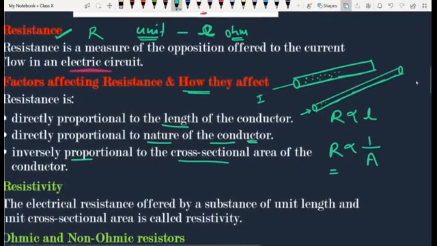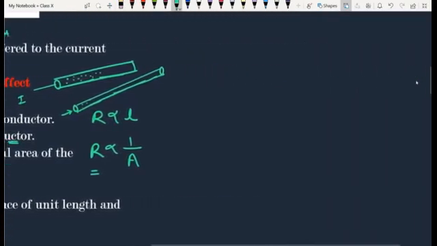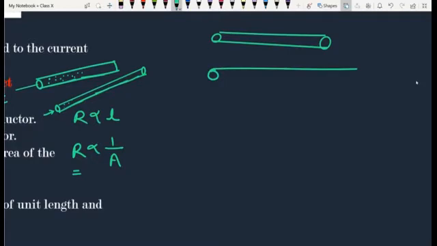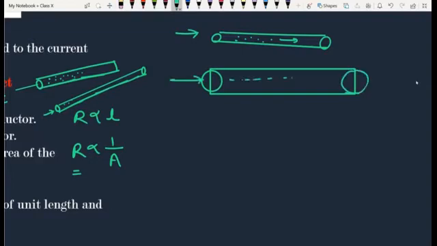Suppose I have a thin conductor, and suppose I have another, thick conductor. Electrons are flowing through this thin conductor and through this thick conductor.